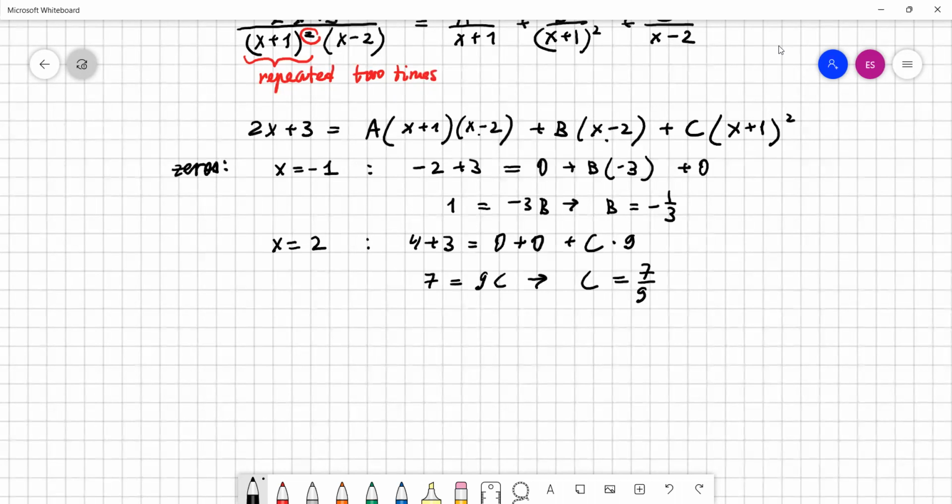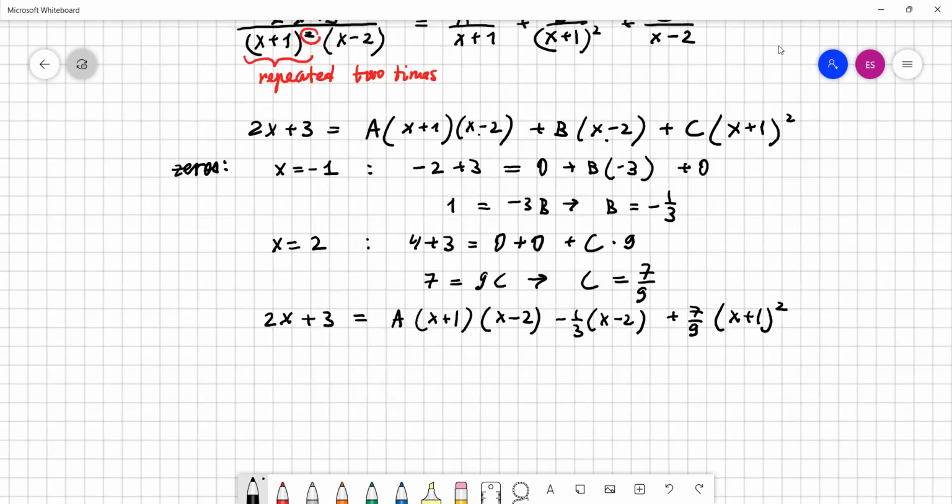So I'm going to write down 2x plus 3 equals, my a is what? No, I don't know a actually. I'm going to write down a, x plus 1, x minus 2. I know my b, right? b is minus 1 over 3, x minus 2. And c is 7 over 9, x plus 1 squared.